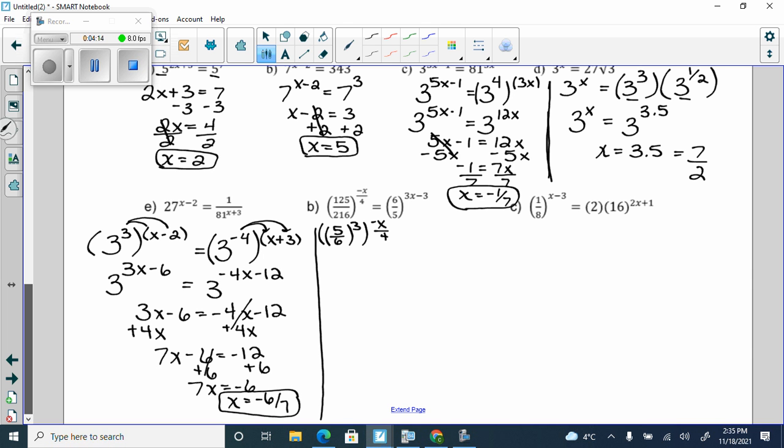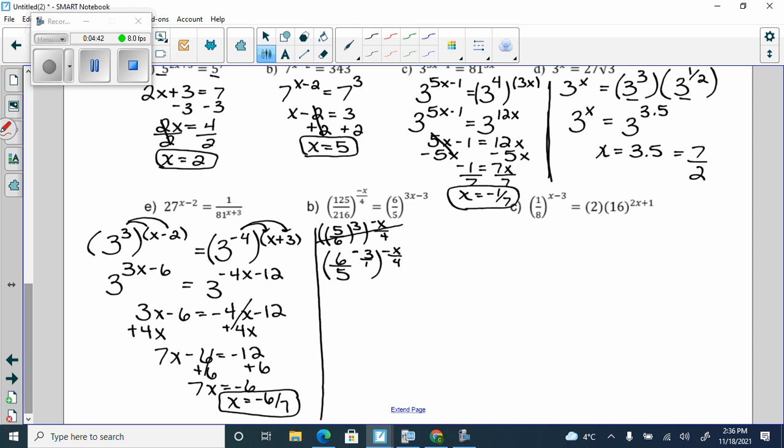No, I want 6 over 5. So instead of raising it to the 3, what should I have done? Raised it to the negative 3, and then instead of having 5/6, I would have 6/5 to the negative 3. And this is negative 3 over 1.